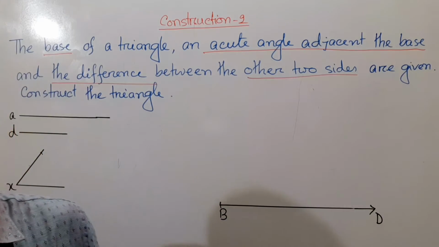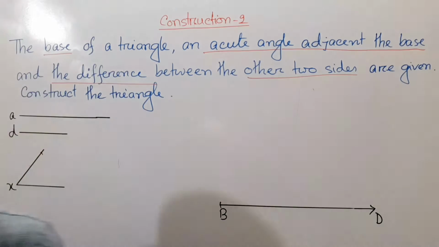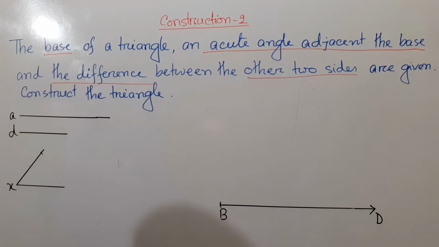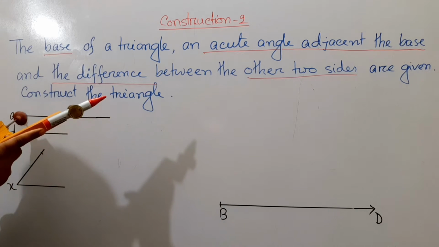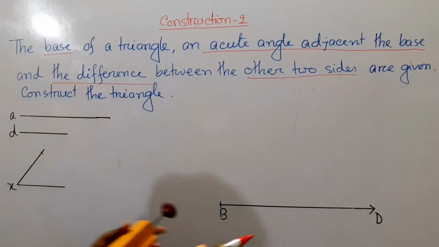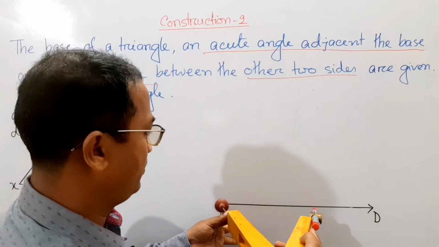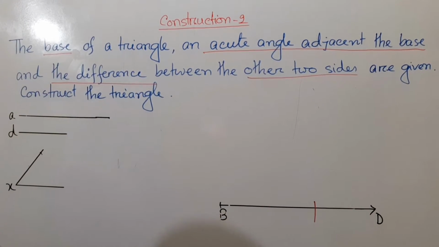Now from the ray BD, we will cut BC equal to A. Take the measure of A and put it over there. So this is BC equal to A.